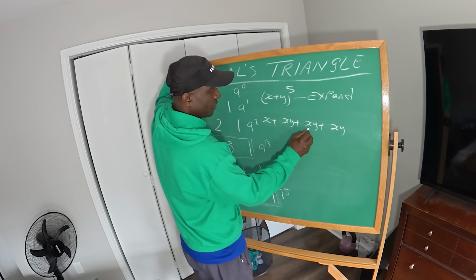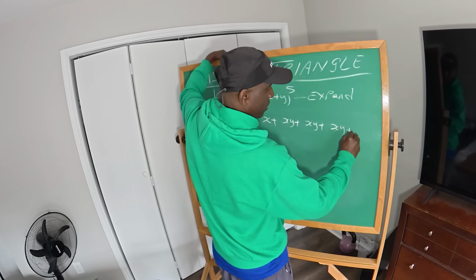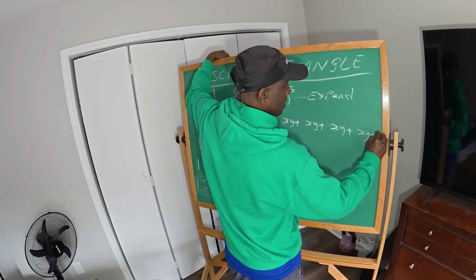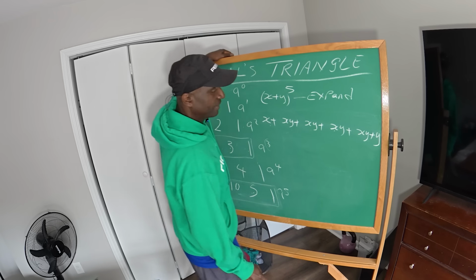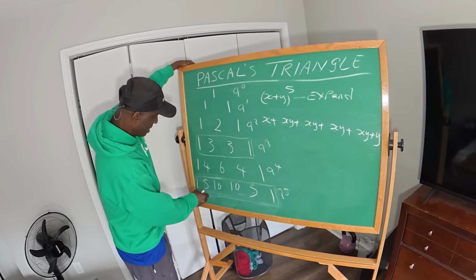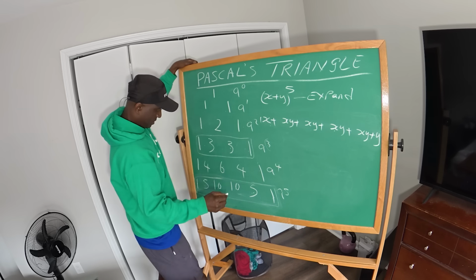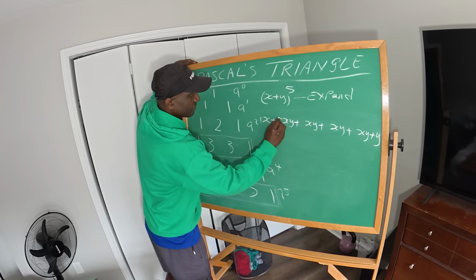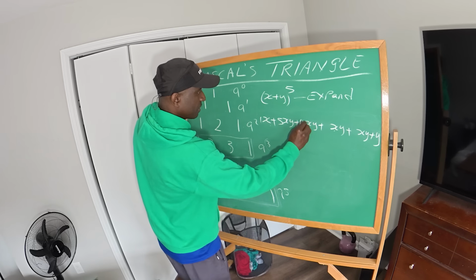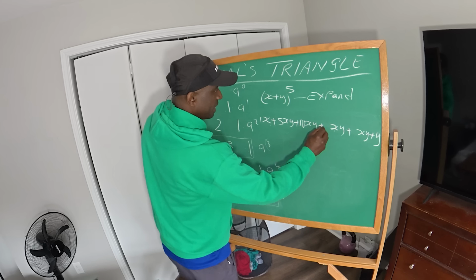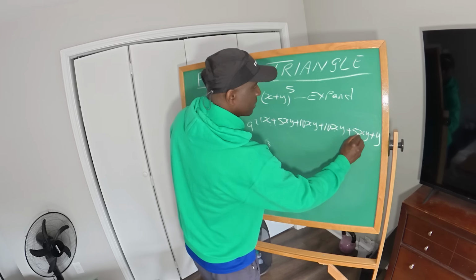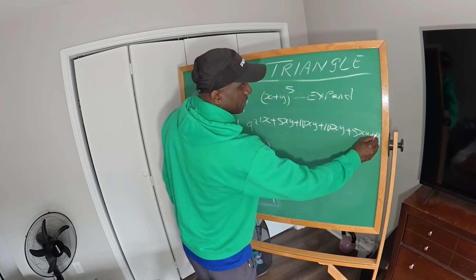So you have 1, 2, 3, 4, and then another plus xy plus y. So let's put in your coefficients. You have 1, we have 5, we have 10, we have 10, we have 5, and we have 1.